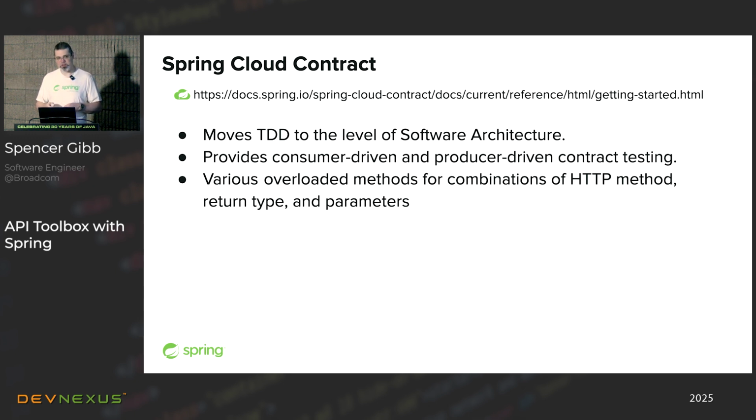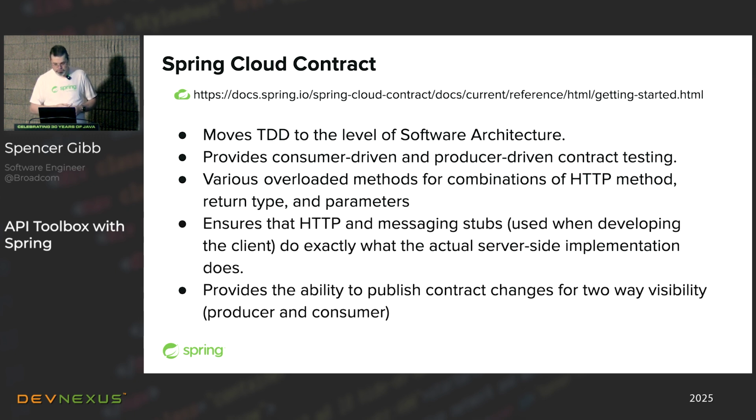And that's kind of the general idea. There's a lot more involved in Spring Cloud Contract, but the idea is that there's collaboration between producer and consumer. Think inside of a large organization where you have teams providing APIs and then other teams inside of that organization consuming them.